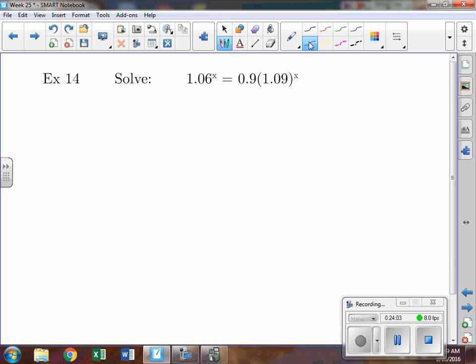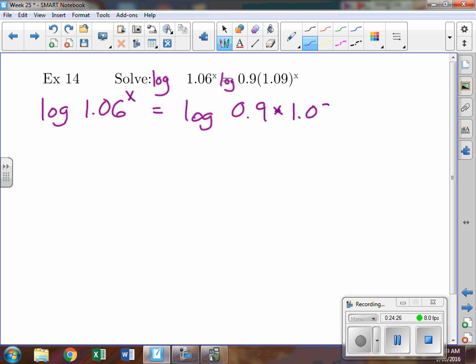The first method I'm going to employ is to just start by taking logarithms. If we take a logarithm right away of both sides, we would have the log of 1.06 to the x equals the log of 0.9 times 1.09 to the x.